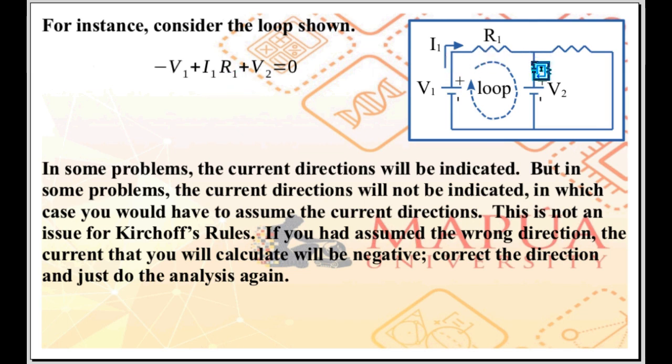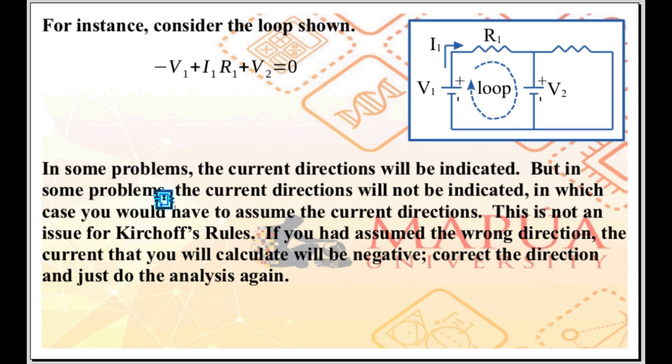Next, the loop enters the positive side of V2, so plus V2. Then we end up back at the starting point, equal to 0. You have the loop rule application for this loop.